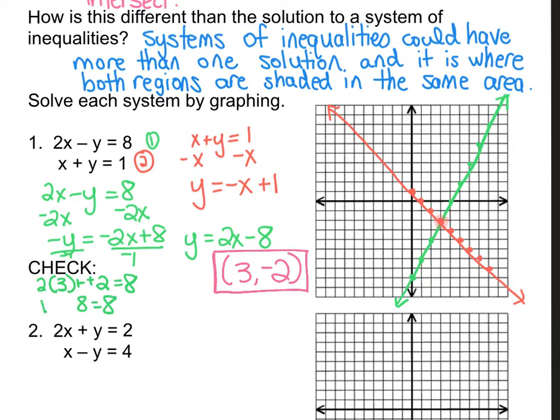So it does work for that first equation. So I'm going to try it also for the second equation. 3 minus 2 equals 1. So we can see that 1 does equal 1. So that ordered pair works for both of those equations. So that's a good way to check just to make sure that you didn't make a mistake along the way.